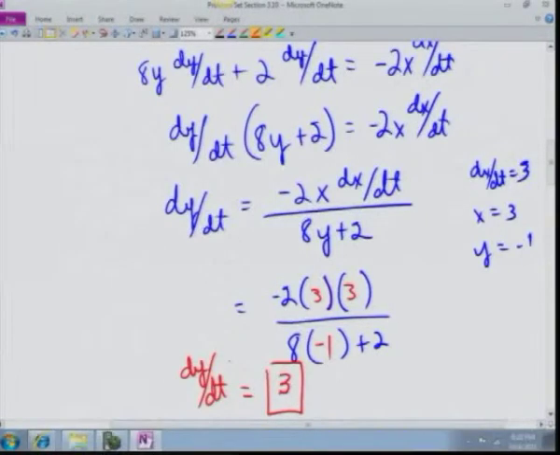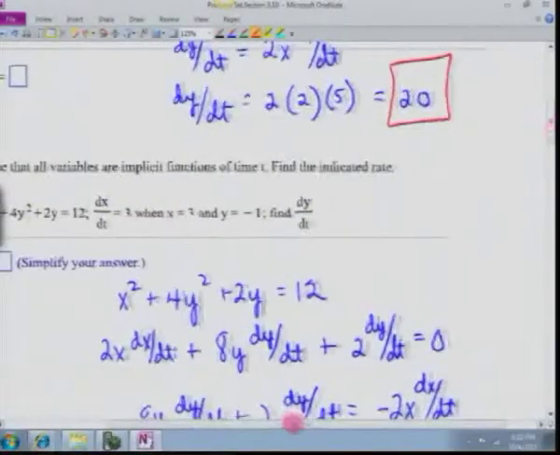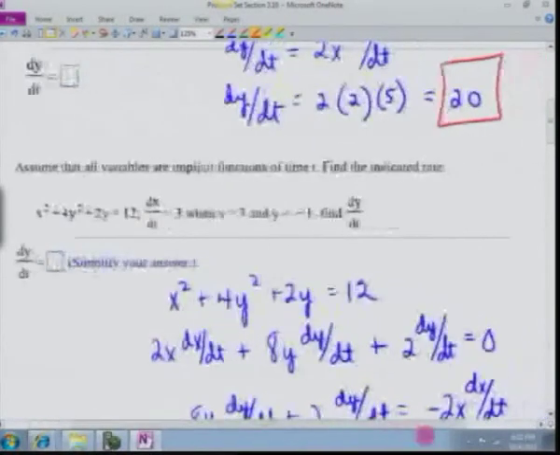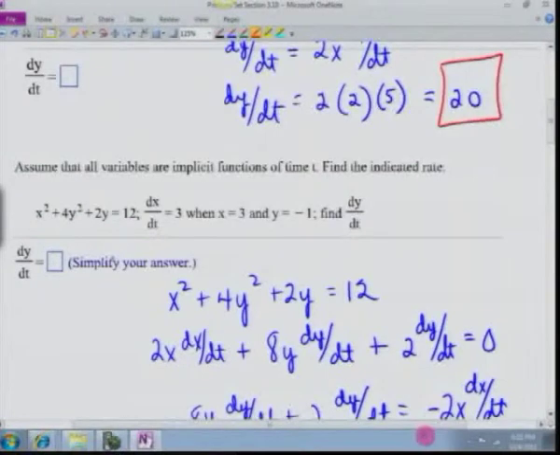When I understand the initial y, do you want me to go back up to the problem? Yeah, is there a rule that's allowing you to put dx/dt and dy/dt behind each one of those? Well, you're implicitly differentiating, meaning we are differentiating with respect to time.